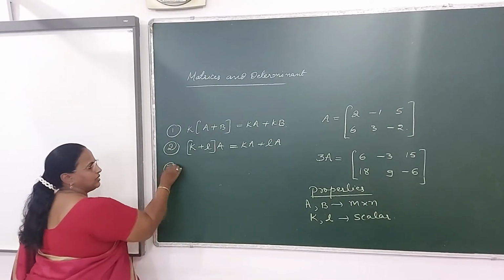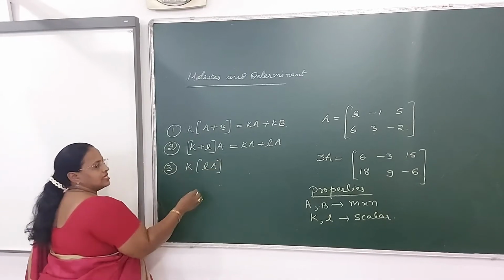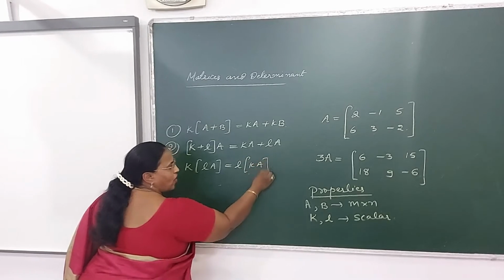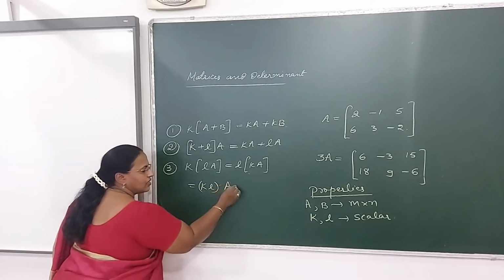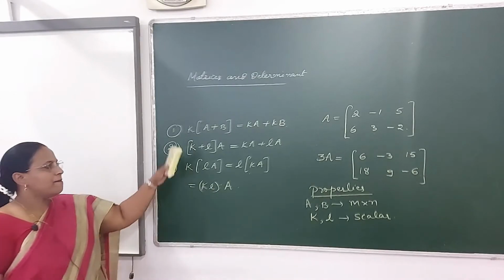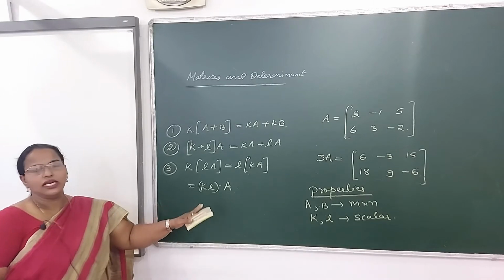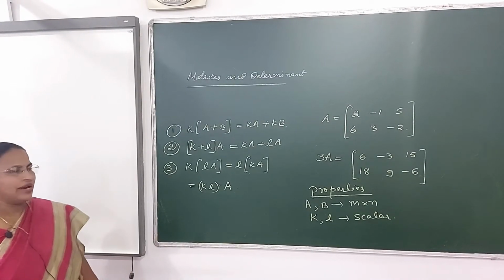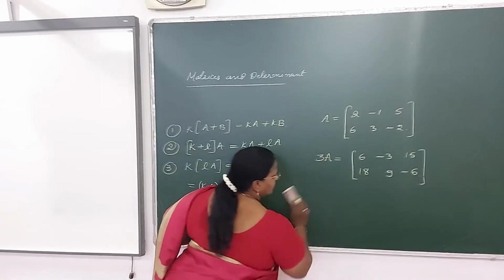Third property, k times (lA). This is the same as l times (kA), or you can write it as kl times A. So all these are simple properties based on scalar multiplication. I hope students you are understanding all this. These all are basic concepts.